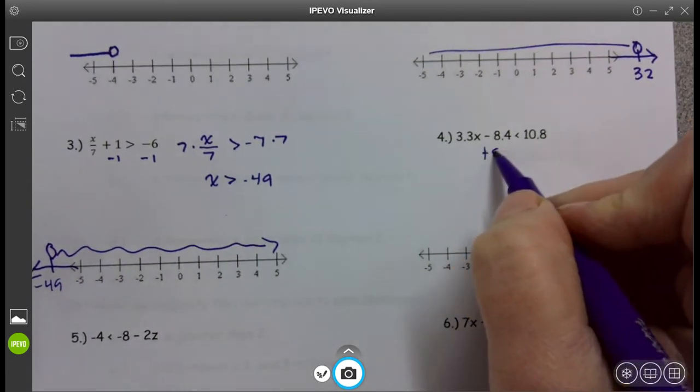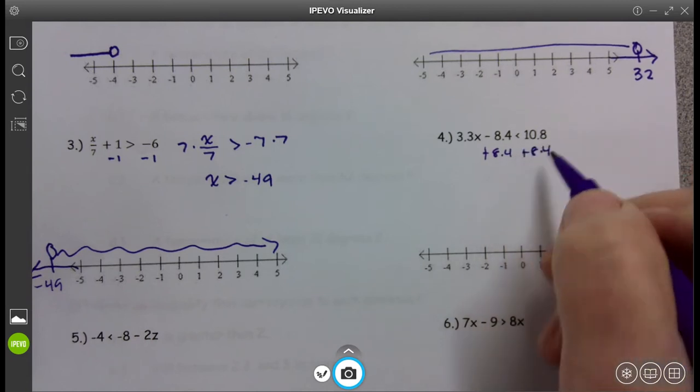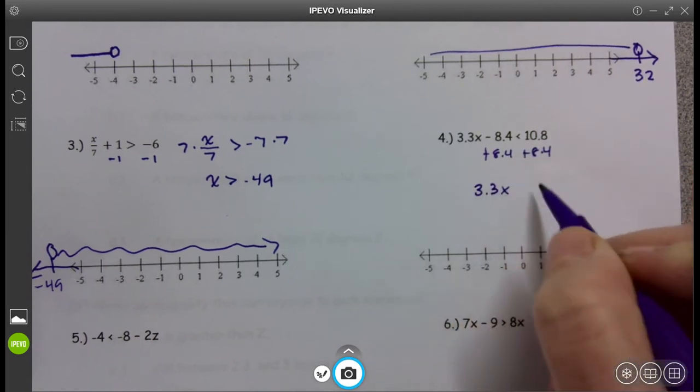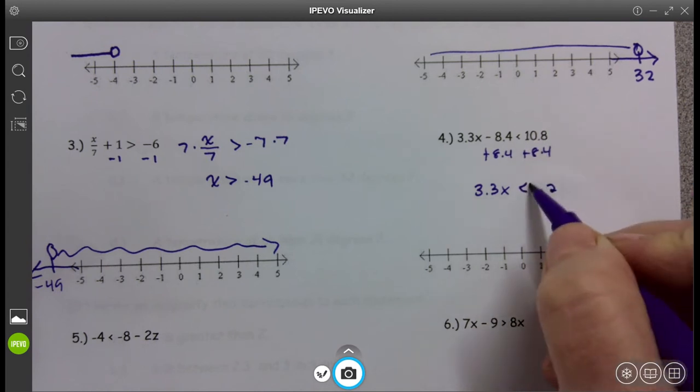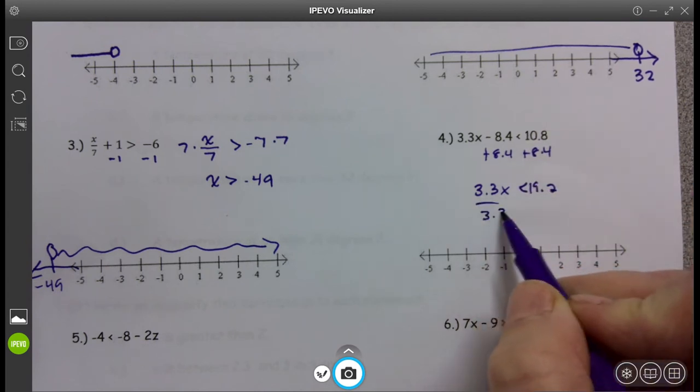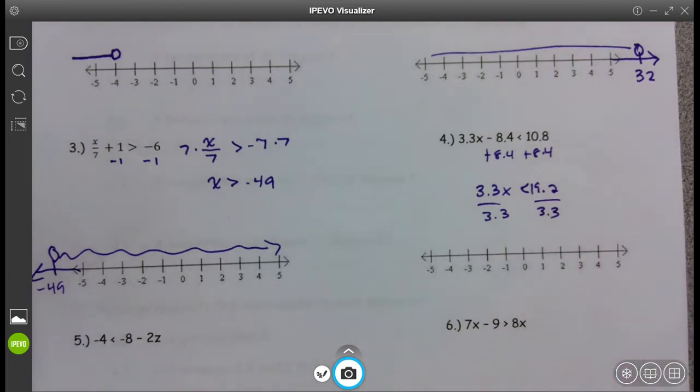Here we're going to add 8.4 to both sides. 3.3x is now less than, it's going to be 18, but this is going to be 12, so carry the 1, 19.2. We divide both sides by 3.3, see if it's pretty.